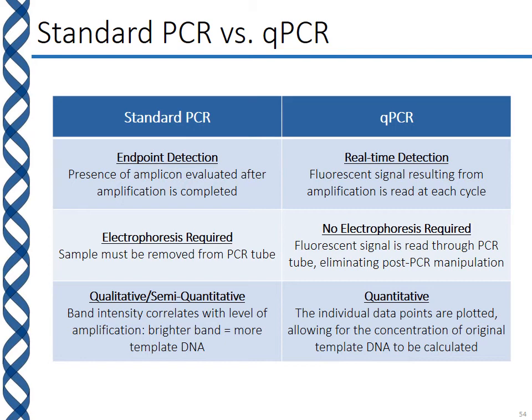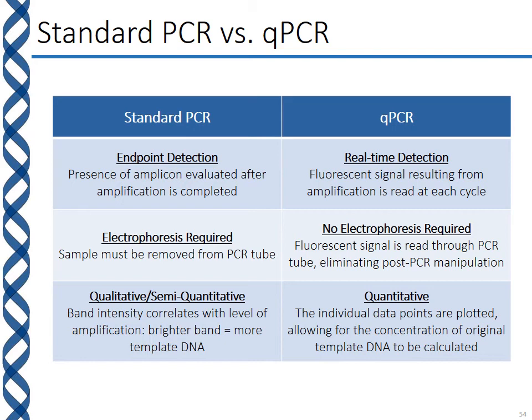And then PCR, the standard version, is considered to be either qualitative or at very best semi-quantitative, because the band intensity does correlate with the level of amplification. So the brighter the band, the more template DNA you had, resulting in a greater amount of amplicon at the end.